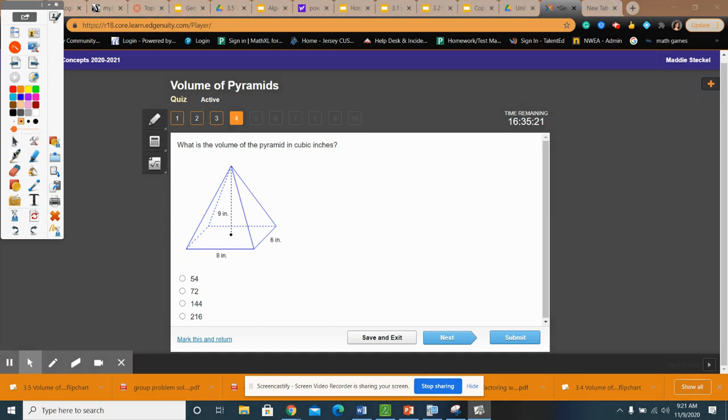Okay, number 4 for me wants us to find the volume of the whole thing. That's going to be big B times H divided by 3. Big B for me is a rectangle here, which is just base times height, or 8 times 6. So that's going to be 48.